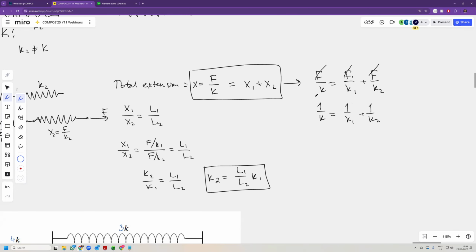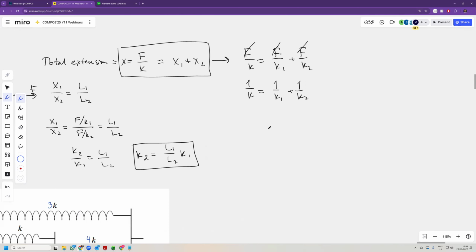And from here, I can substitute K2. Do I want to do that? I think I do. Yes, substitute K2 in here. So 1 over K equals 1 over K1 plus 1 over L1 over L2 K1.